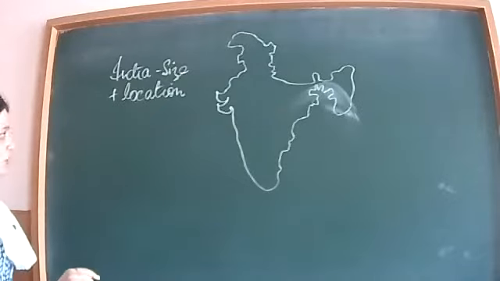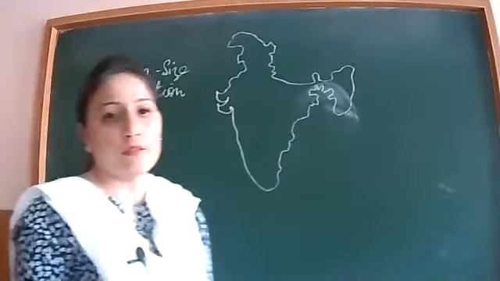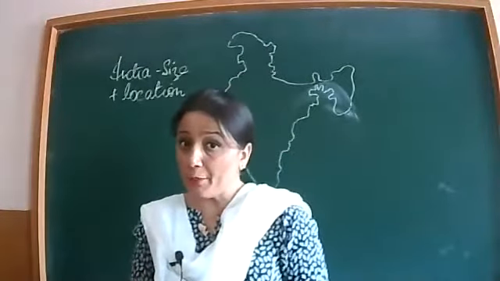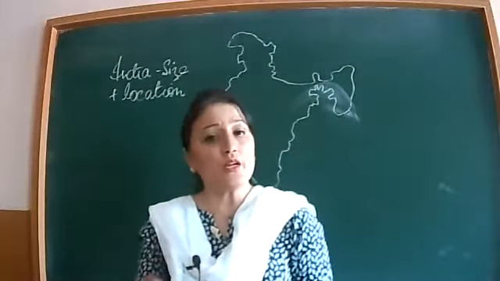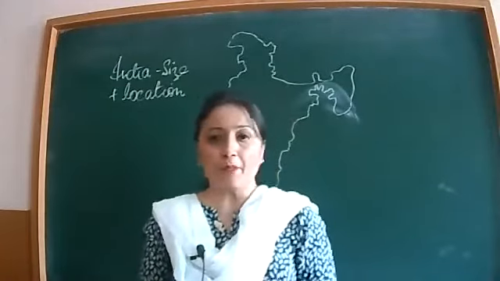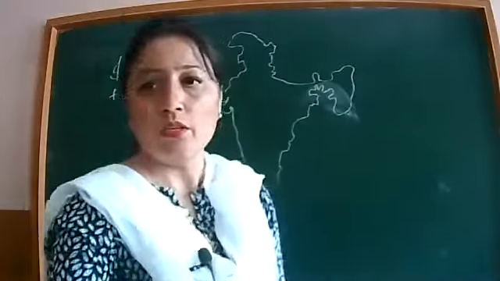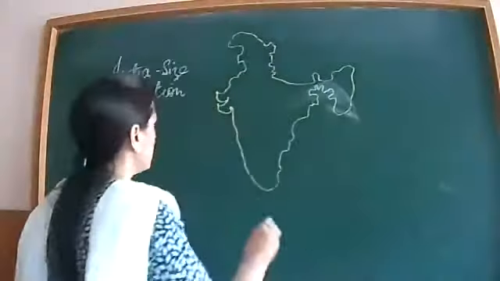So first of all, I'm going to mark the latitudinal and longitudinal extension of India. Better you do it side by side. If you can't, due to any reason, click a pic, so later on you do not face any problem.